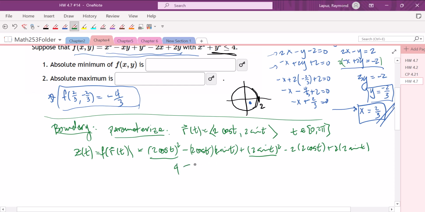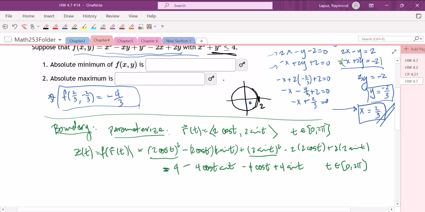These two will give us a 4 cosine t sine t, and then we just have minus 4 cosine t, and then plus 4 sine t. So this is what we want to work with for our t values going from 0 to 2 pi.